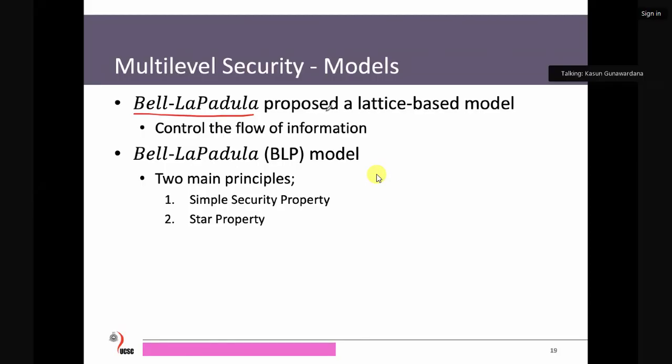The Bell-LaPadula model is referred to as BLP in certain contexts.